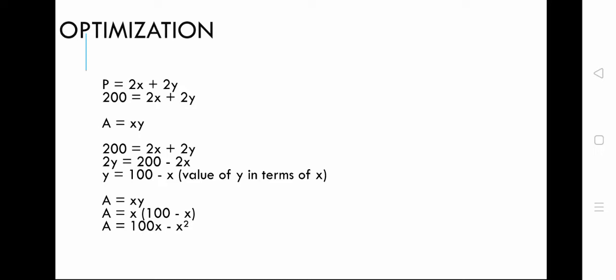Substituting the value of y in the perimeter side to the y value in the area side, we have A is equal to xy. A is equal to x multiplied by the quantity 100 minus x. A is equal to 100x minus x squared. So, meron na tayo, na set-up na natin yung equation dun sa area part. Ito yung objective function. So, dito na tayo pumunta sa derivation.